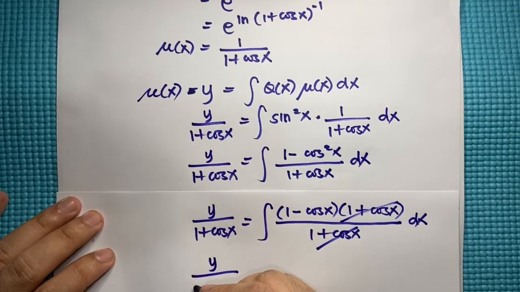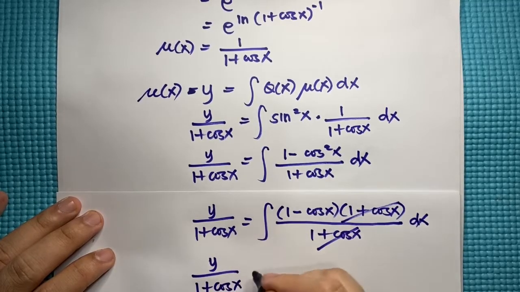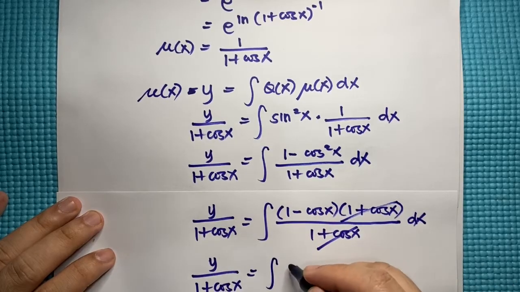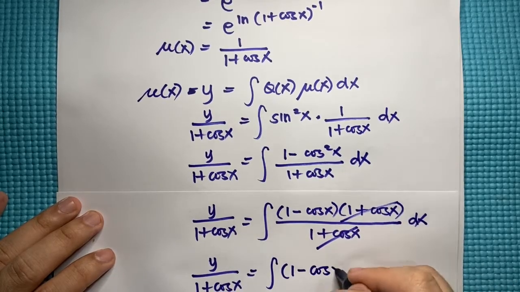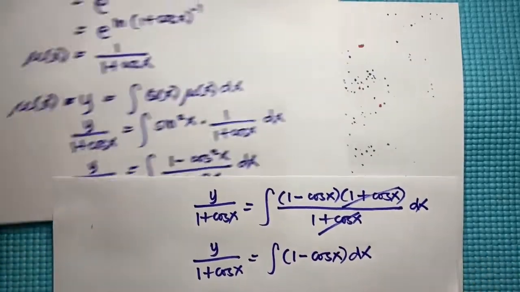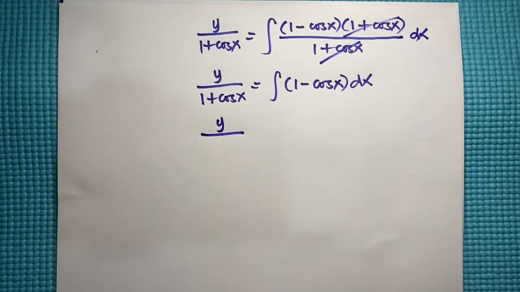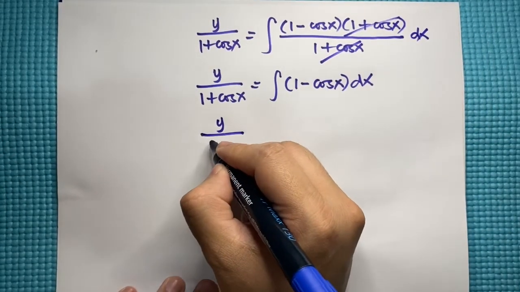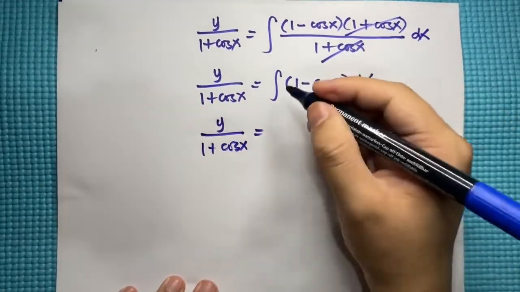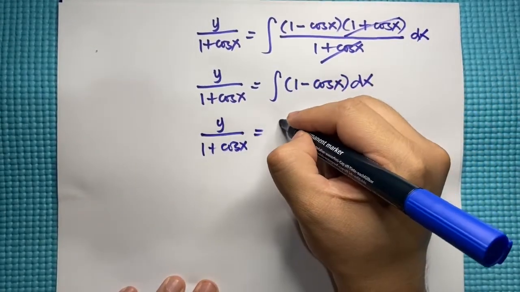So y over 1 + cos x would be equal to the integral of 1 − cos x dx, which can be integrated at this time.